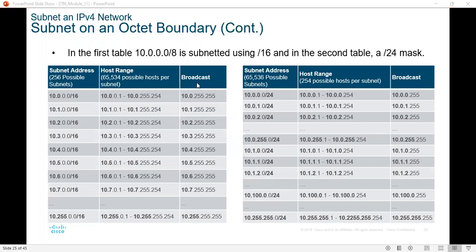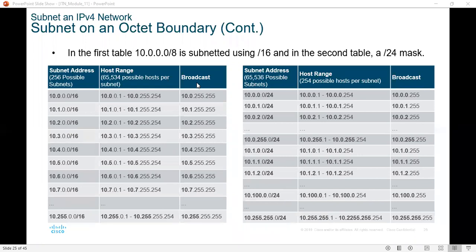So now, if you want to know the number of subnets that you can derive from such subnetting, you will do 2 raised to power the number of bits you borrowed. So that would be 2 raised to power 8, which is equal to 256. That's the number of subnetworks you can create out of 10.0.0.0.